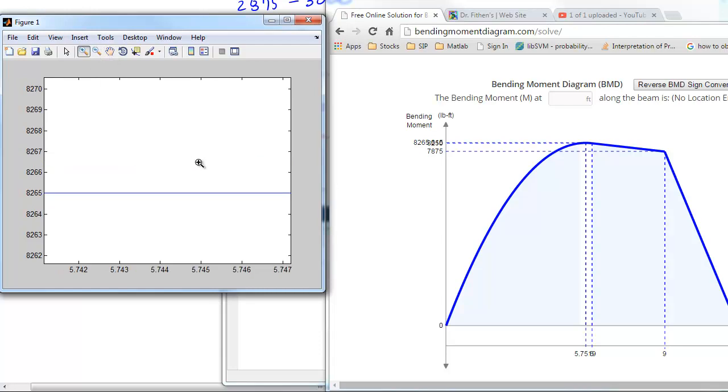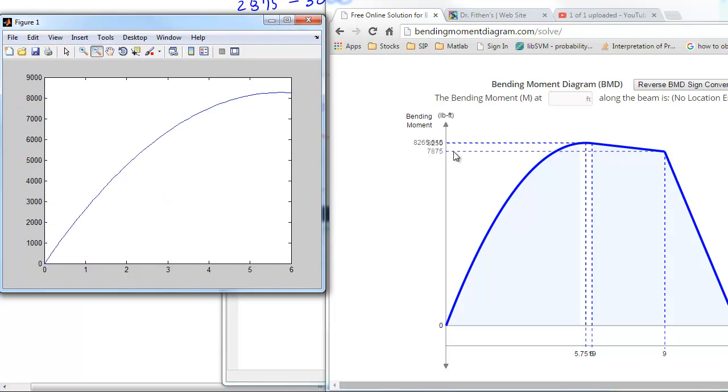You want to get a little closer, you can do that. But it's still good. So move down to the next point. At 6, it's 8250. Is that what I've got?